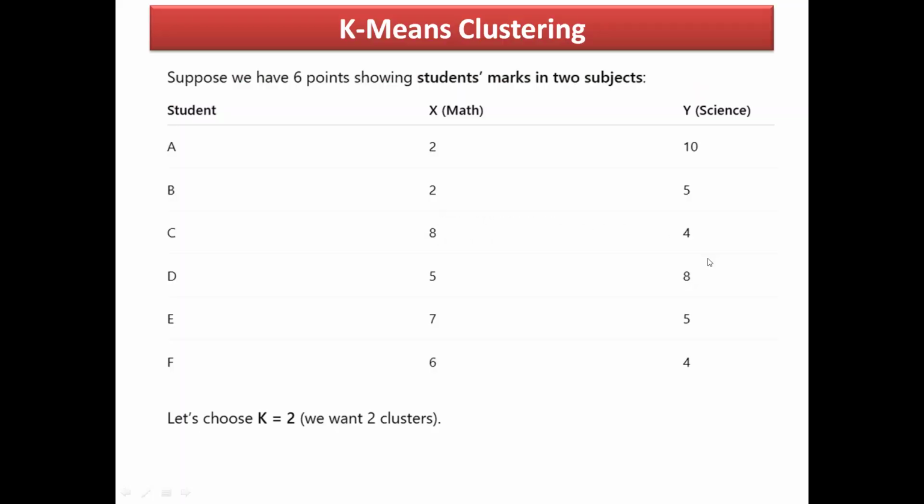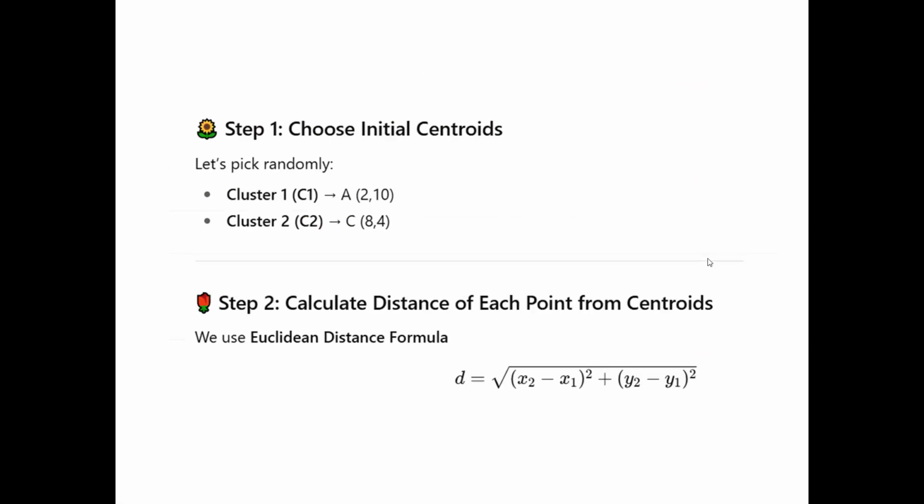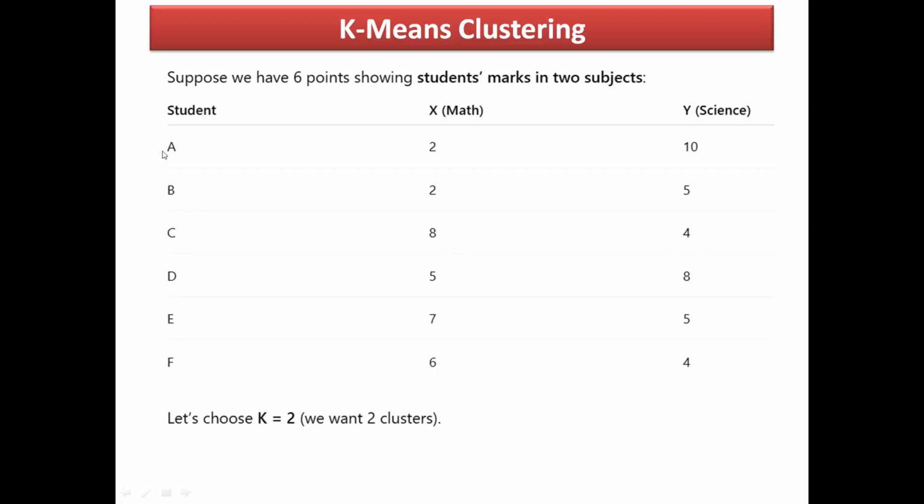So it is just random. We have randomly taken two center points, two centroids, and from these two centroids we will calculate the other associations. For A and C, we will find the distance or association of the other data items with A and C.